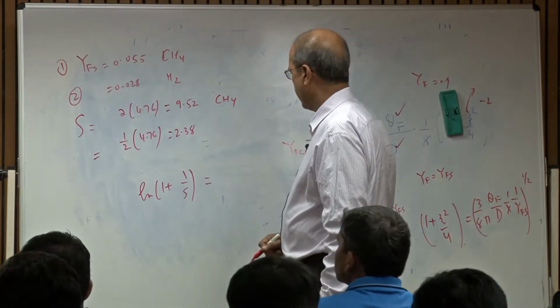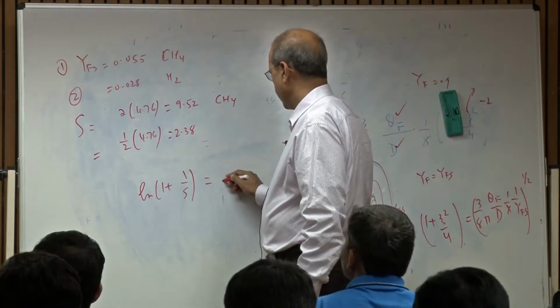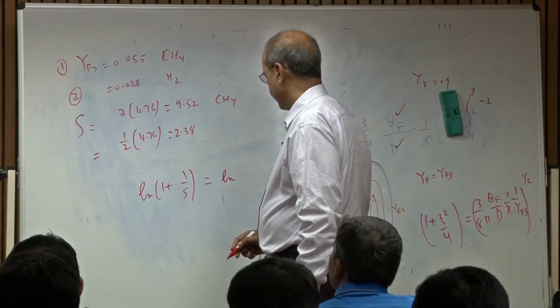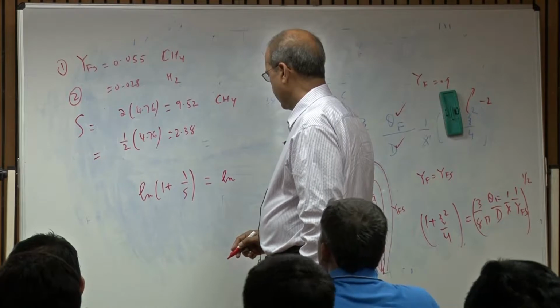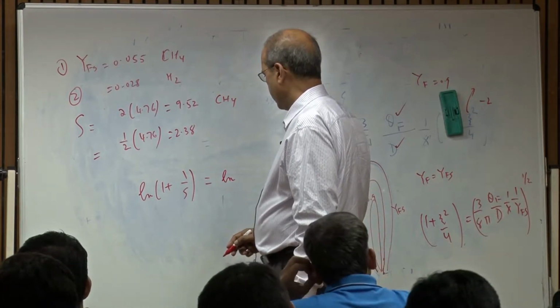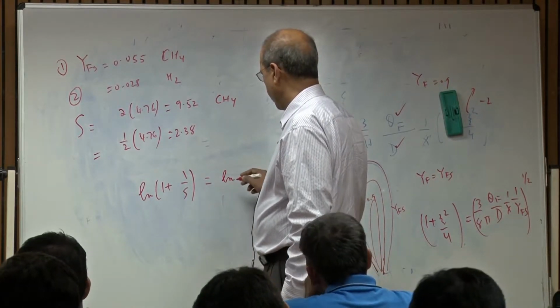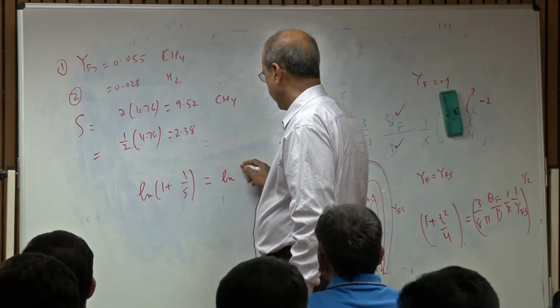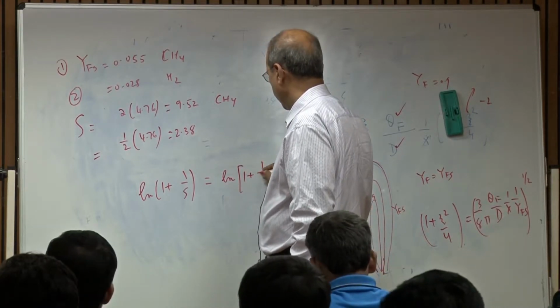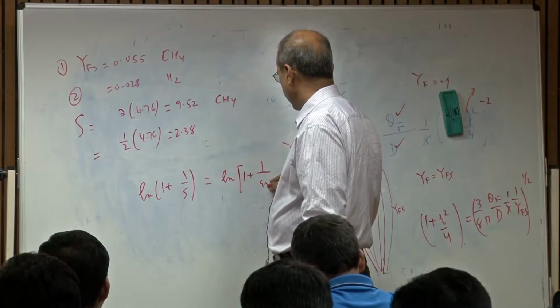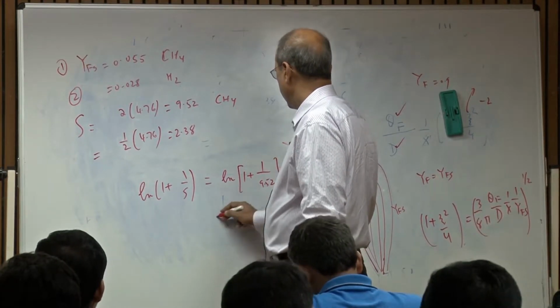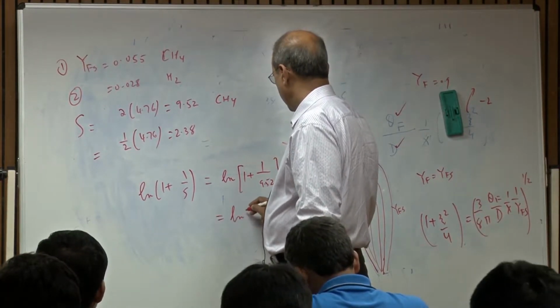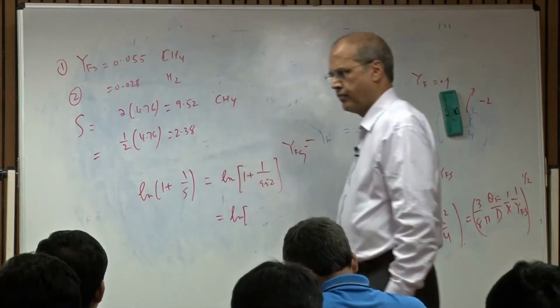So if you do it for methane, what do we get? Log of 1 plus 1 over 9.52. What will be this value?